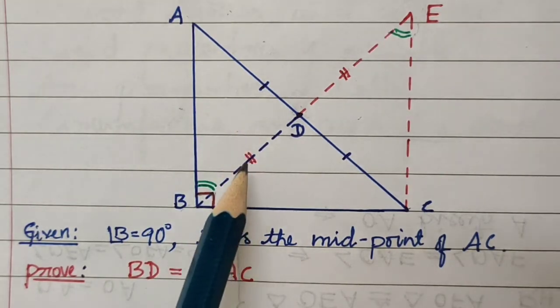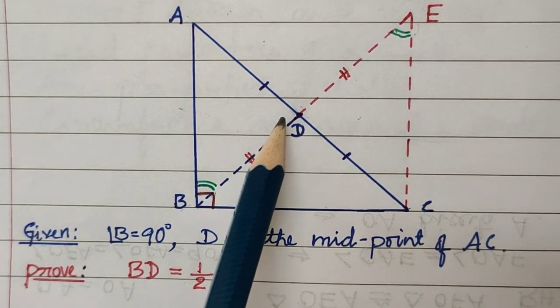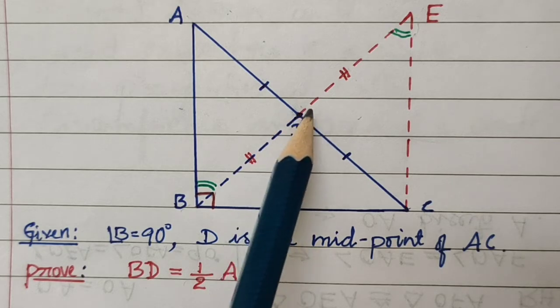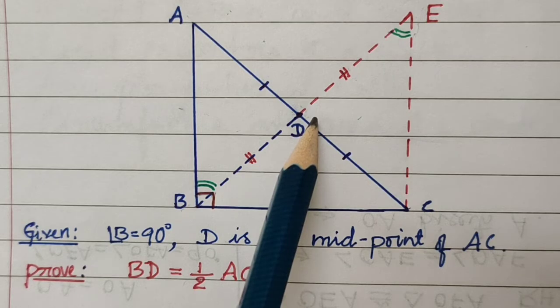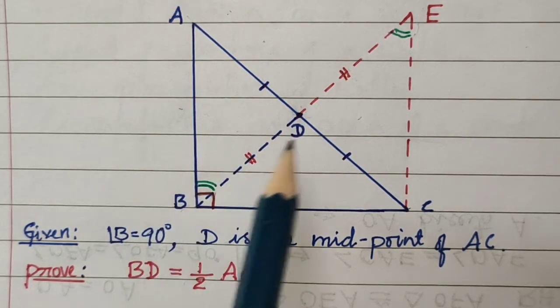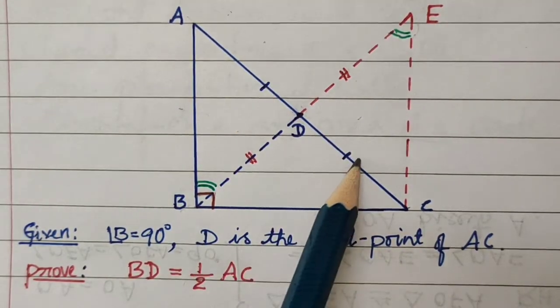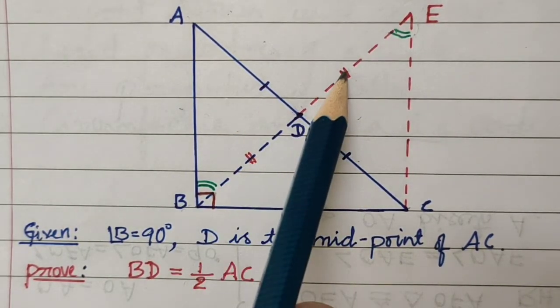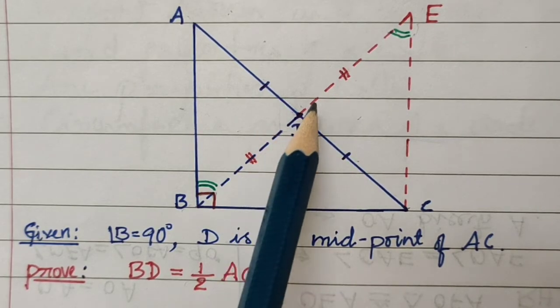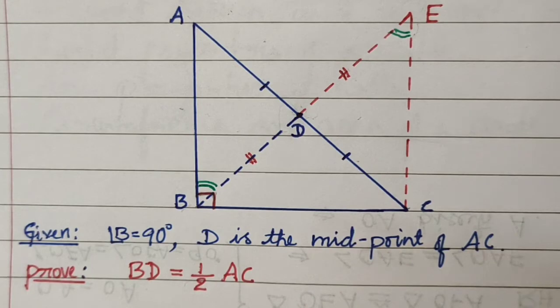Two sides and one angle of one triangle are equal to the corresponding sides and angle of the other triangle. Therefore triangle ADB is congruent to CDE.